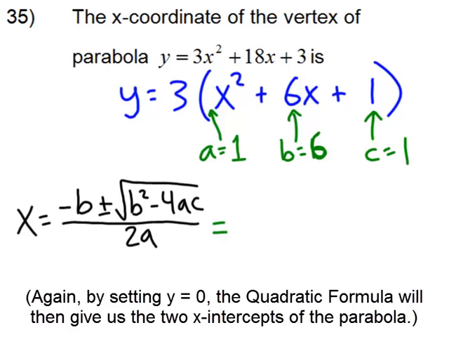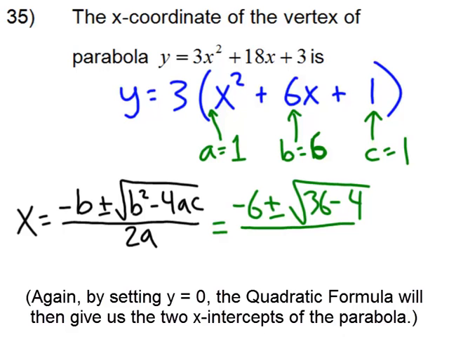So x equals negative b, or negative 6, plus or minus the square root of b squared minus 4ac. That's going to be 6 squared minus 4 times 1 times 1, all over 2a, or 2 times 1. And if I proceed a little further with that, I'm going to split this up into two fractions.